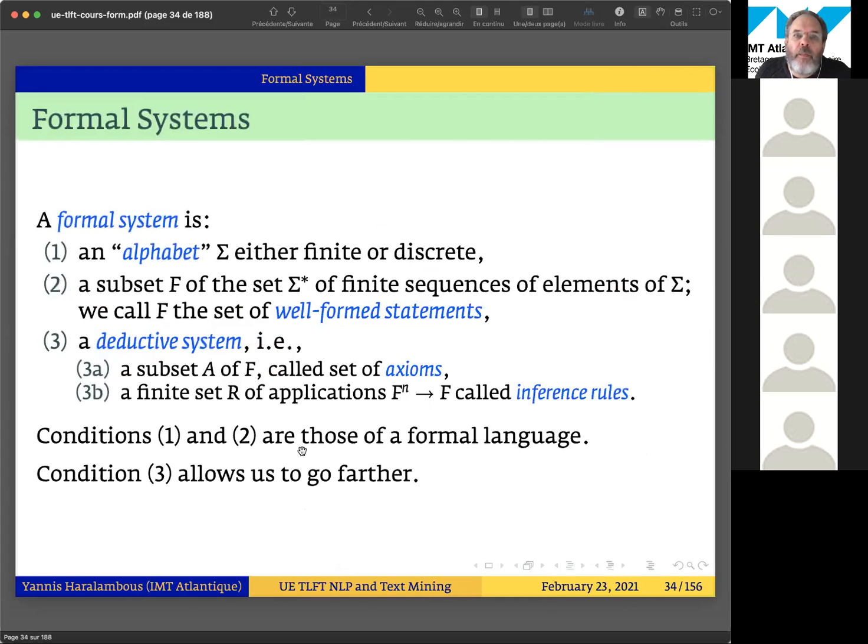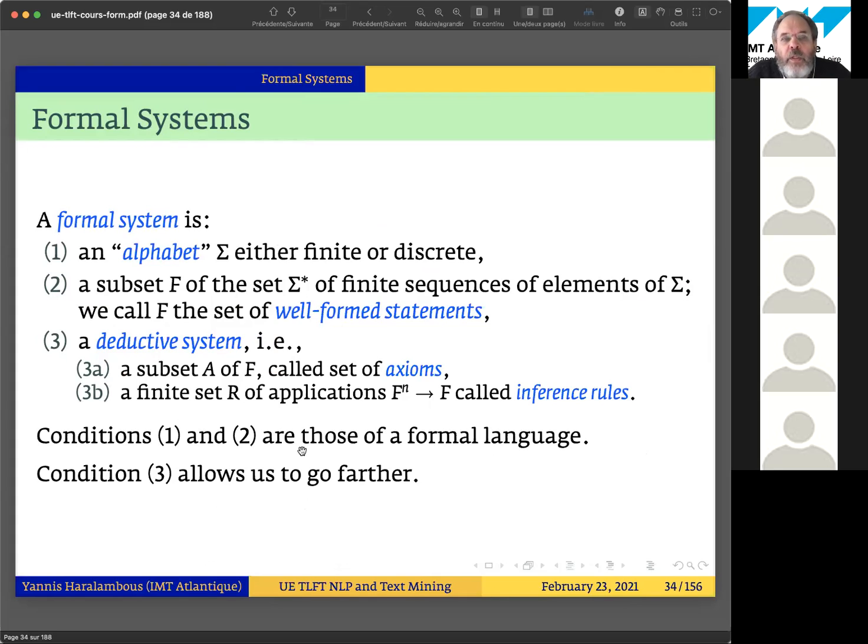Okay, so let us move to the next important topic of this thread, which is the topic of the notion of formal system.